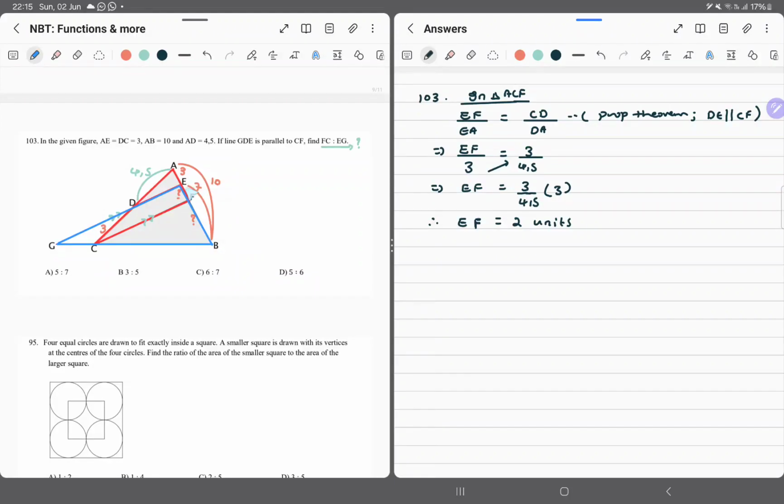But it means if this is 2 units, if this is now 2 units from the calculation, this then means this one is going to be 5 units, right?